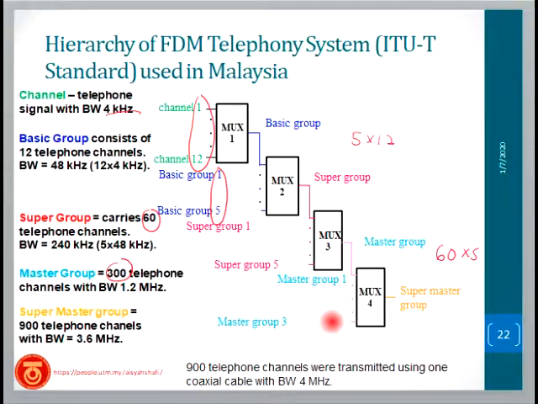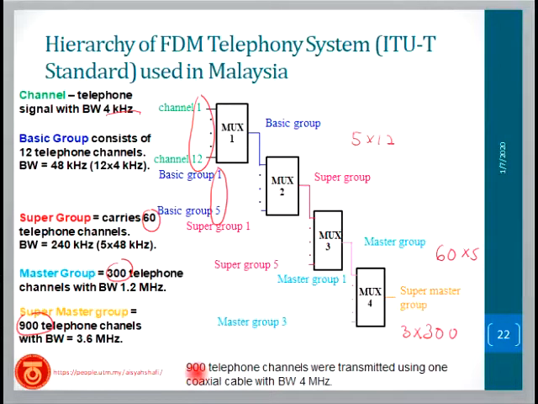And the super master group includes 900 telephone channels, because the super master group has 3 master groups, so 3 times 300 we have 900 telephone channels with the bandwidth of 3.6 MHz.